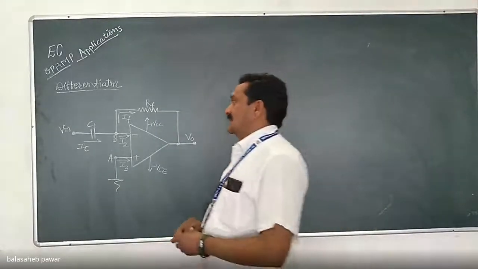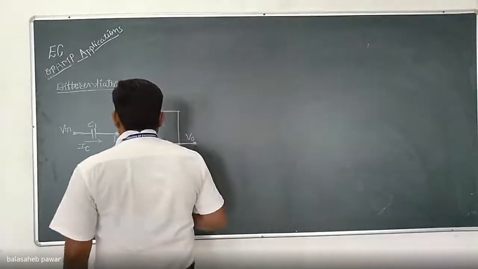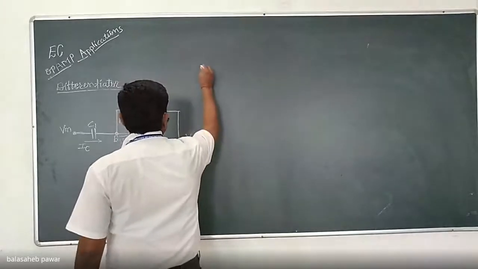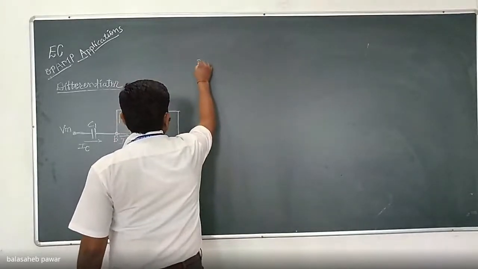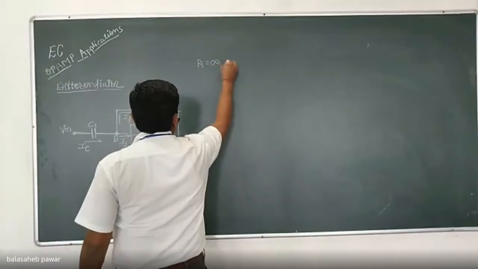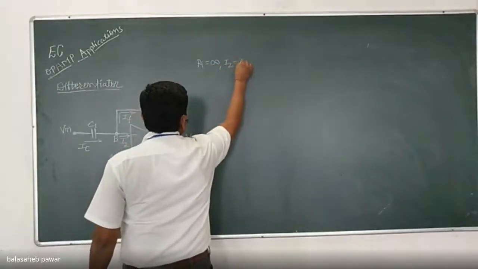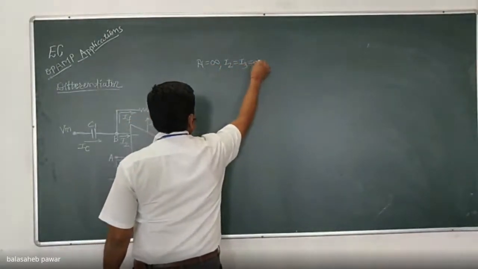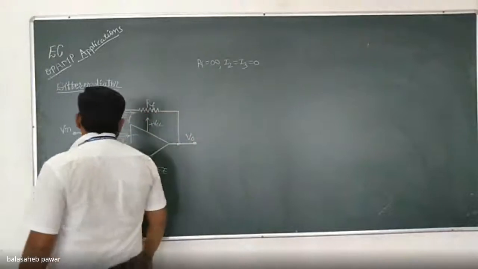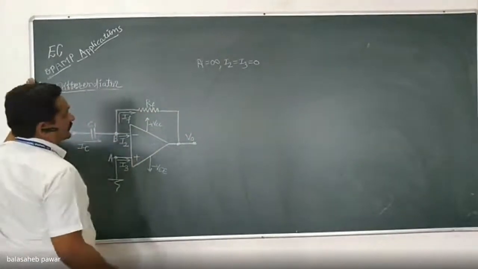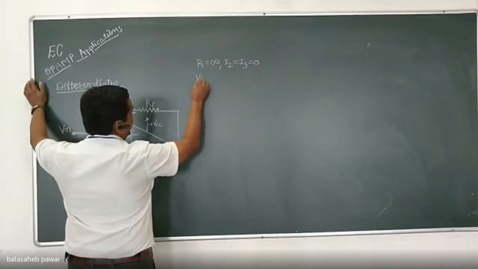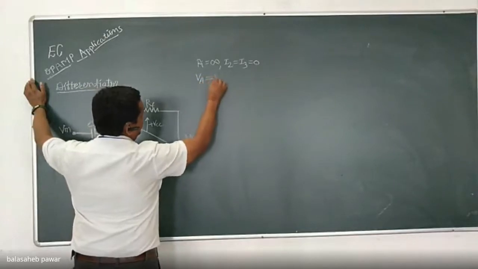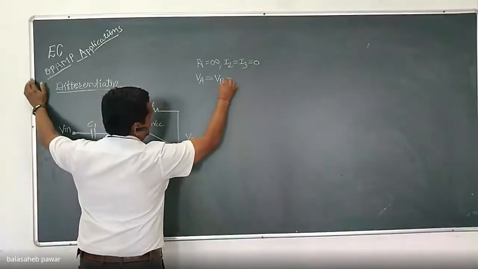So here again, you can write Ri equals infinite, I2 equals I3 equals 0. Similarly, by the virtual ground concept, you can write VA equals VB equals 0.